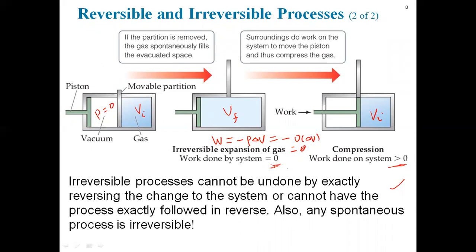And we know there's the equation, the first law: delta E equals Q plus W. So if W is different for the system or for the surroundings in these two processes, then obviously Q will be different.